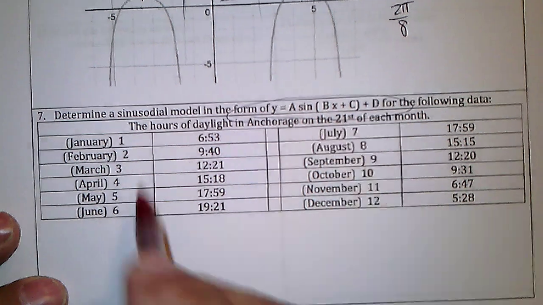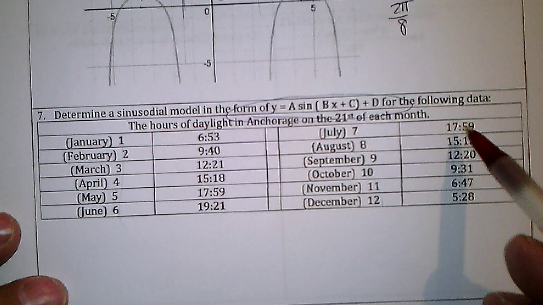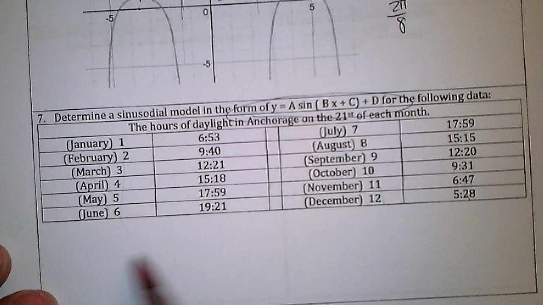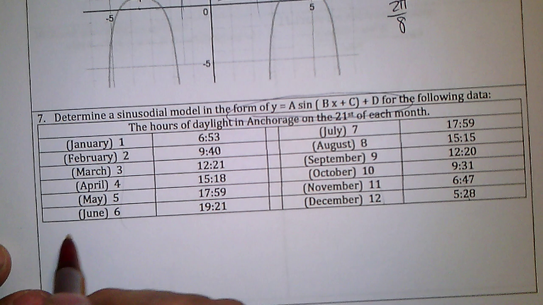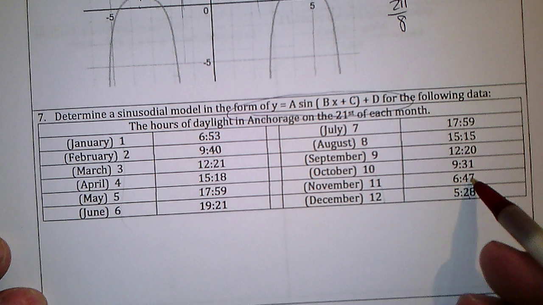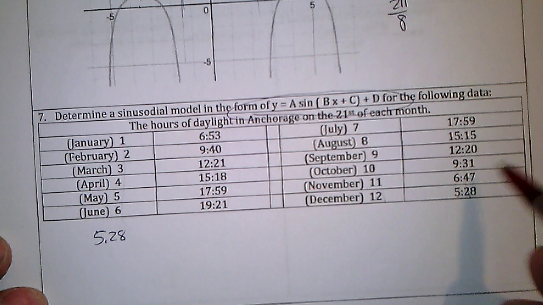Sinusoidal curve. So I can put this data, 1, 2, 3, 4, 5, 6, 7, into list 1 and this into list 2 and let the calculator do the sine regression. Or I can say the min is 5.28 and the max is 19.21.